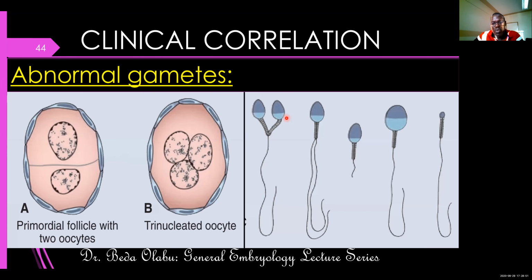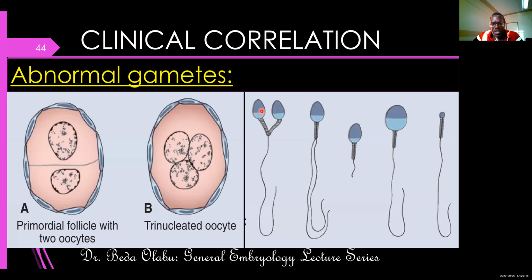You can also have abnormal sperms, the way you can have abnormal oocytes. For the sperms, you can have abnormal sperm morphology. Abnormal sperm morphology is termed as teratospermia. Teratospermia is when you have abnormal sperm morphology.